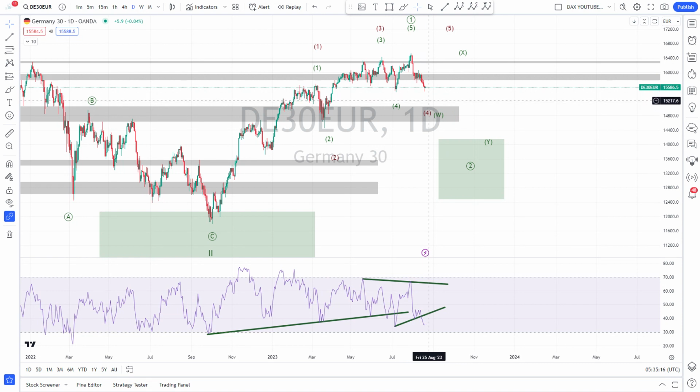This is something that is possible if the high is really in here. We can do an A, B, C, and then we need an impulse to the downside here.